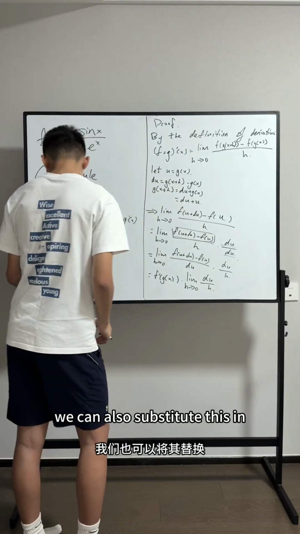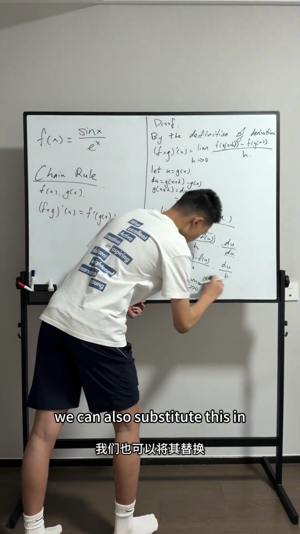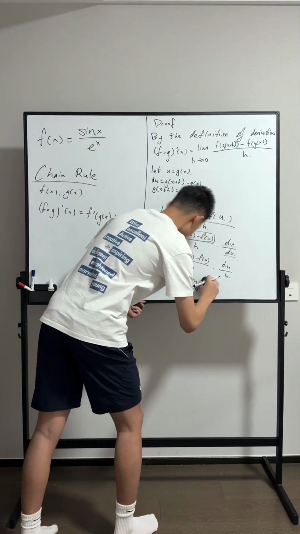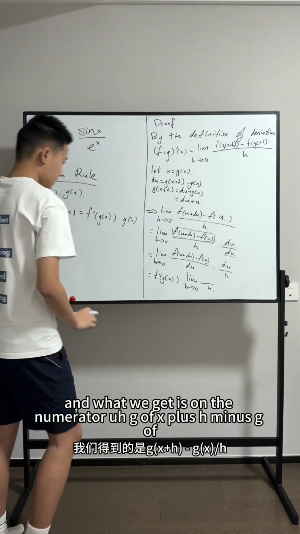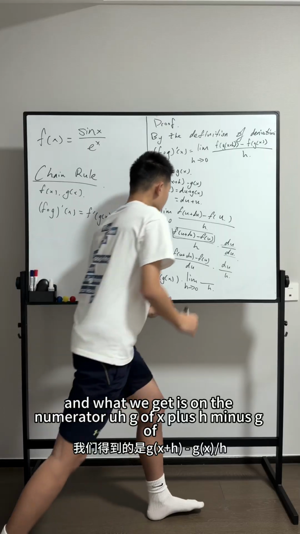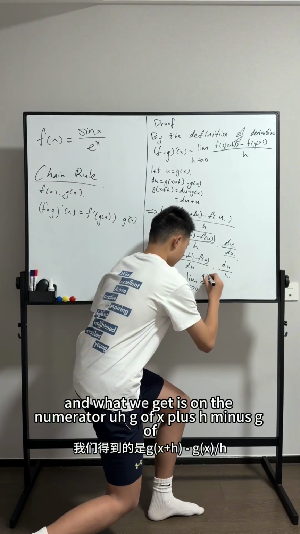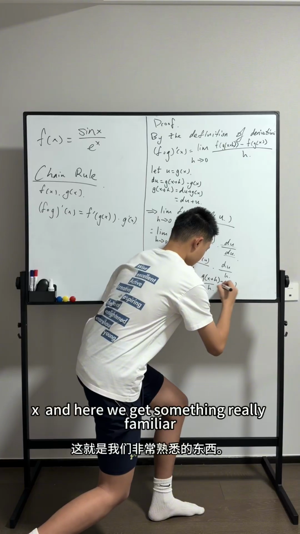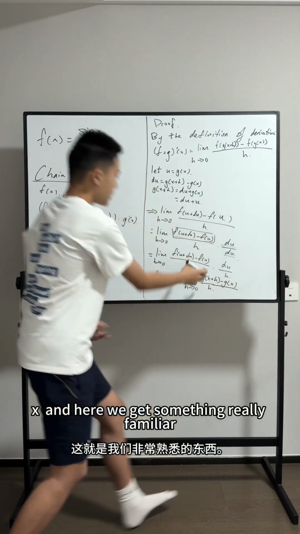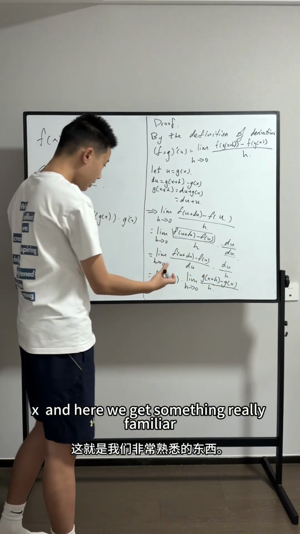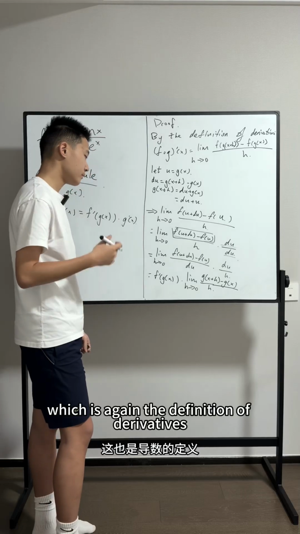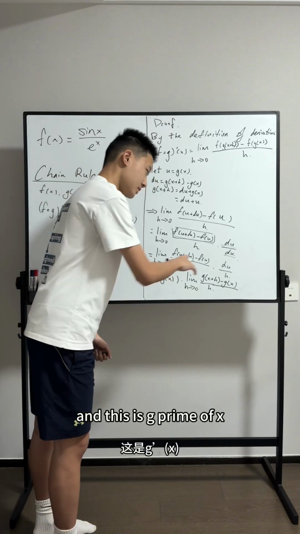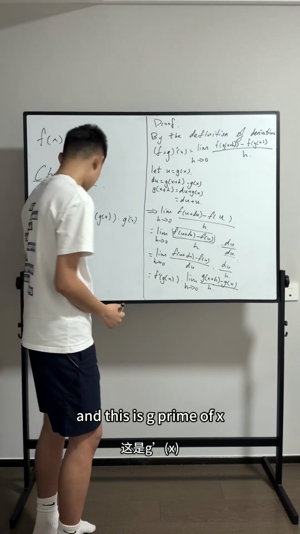Therefore, we can also substitute this in. And what we get is, on the numerator, g of x plus h minus g of x. And here we get something really familiar, which is again the definition of derivatives, and this is g prime of x.